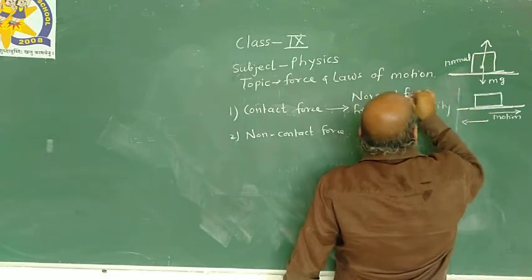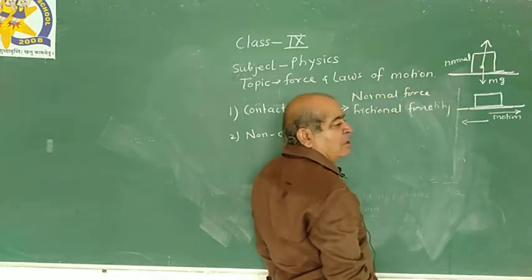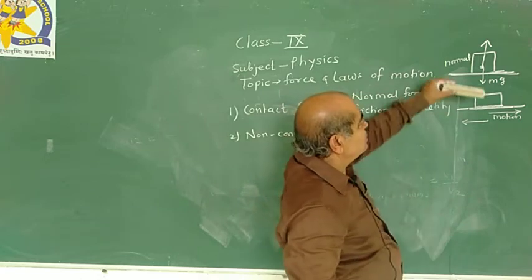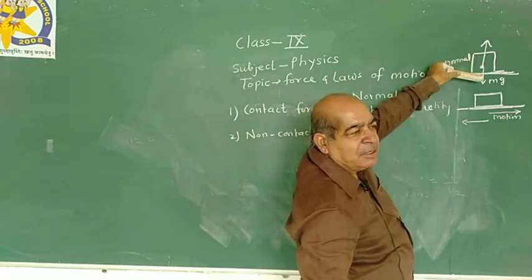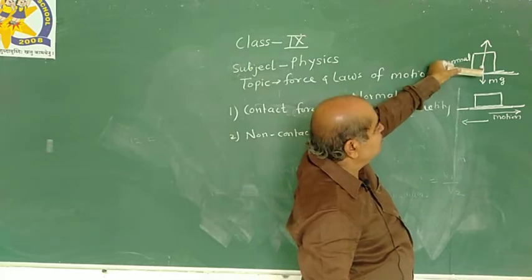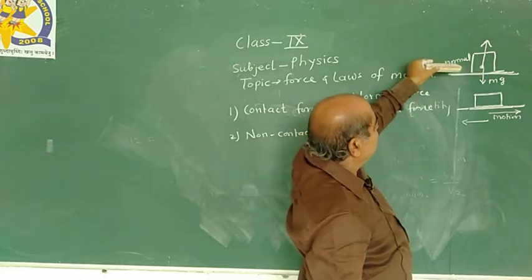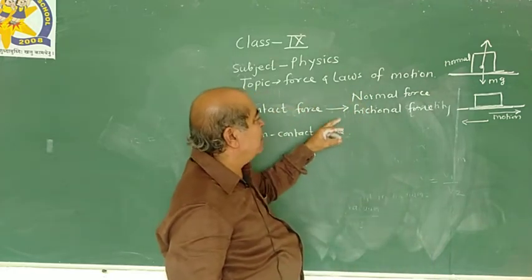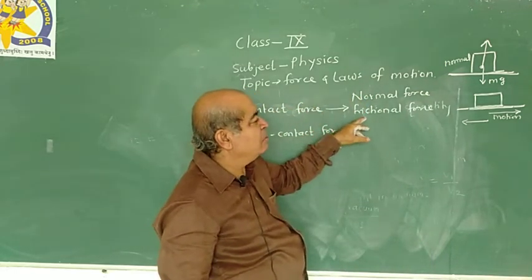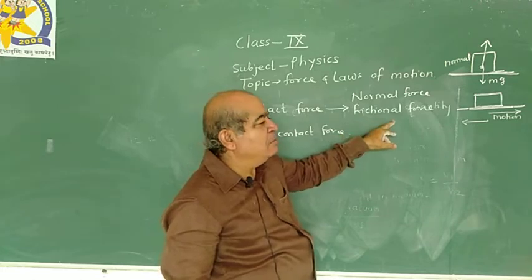This force is called the normal force, and in this case the body makes contact with the surface of the earth. So there are two types of contact forces: one is normal force and the second is frictional force.